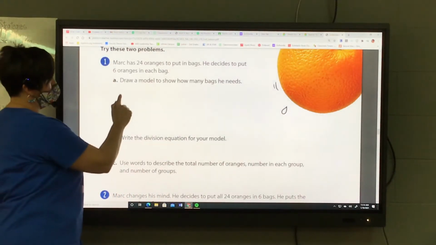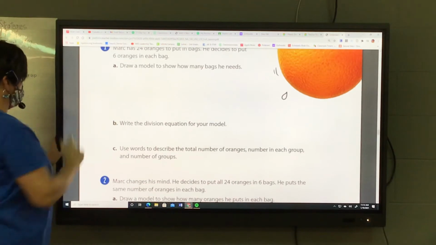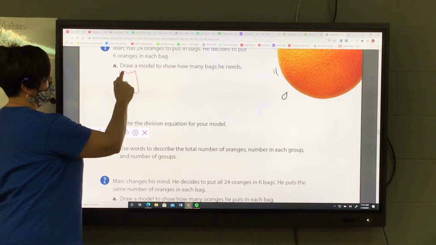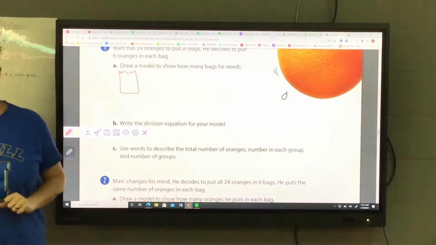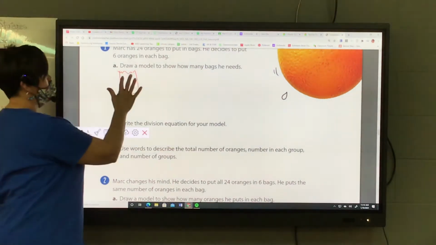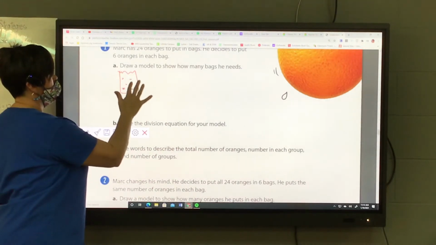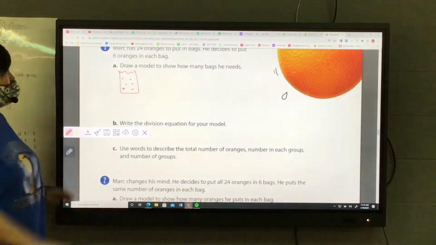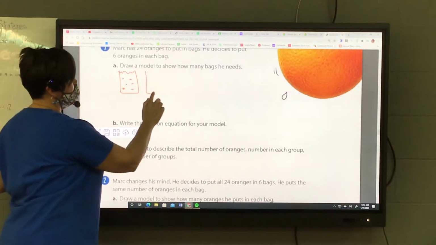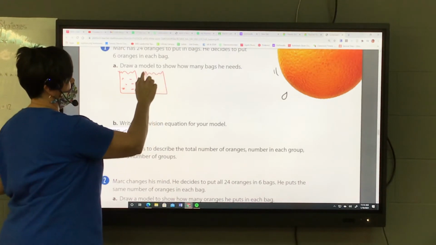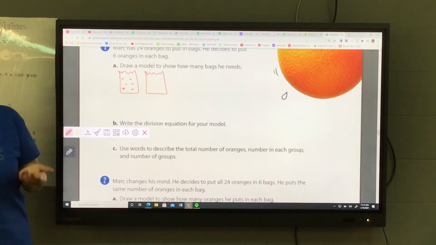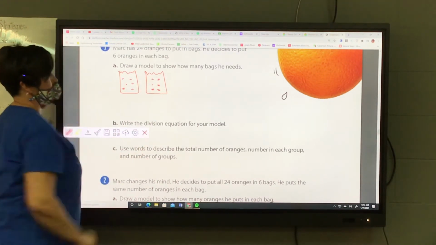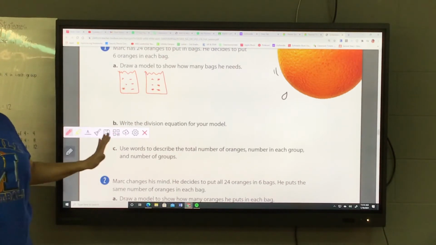So if this is my first bag, how many oranges are in it? 6, right? Well, I'm not to 24 yet, am I? So I'm going to have to skip count by what to get up to 24? I have to skip count by 6s. I'm stopping there.